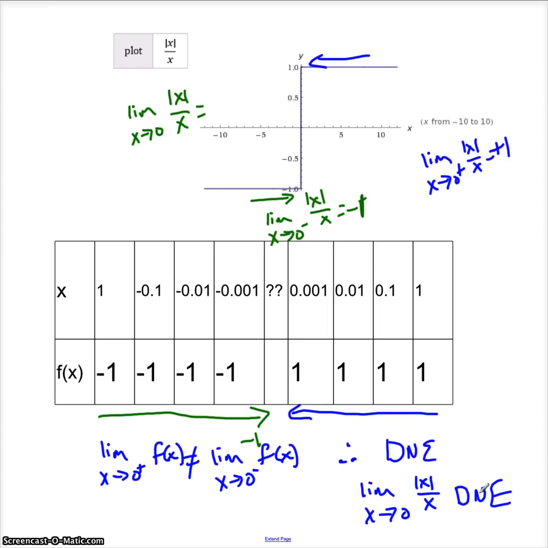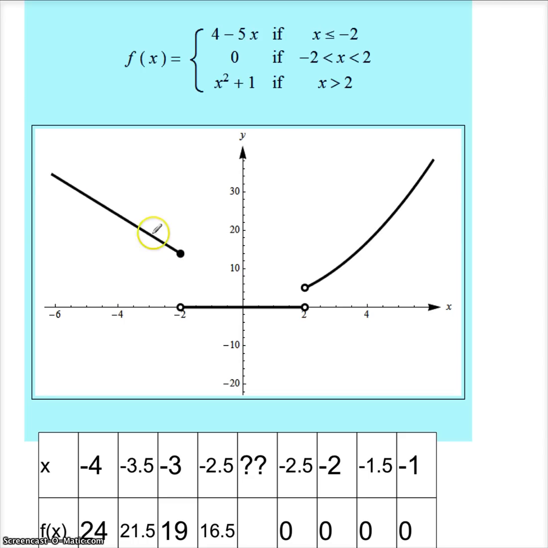Now, let's look at another case here. In this case, the function, again, is approaching one number from the left and one number from the right. Graphically, you would look at this, you would do that diagram, and you would say the limit as x approaches negative 2 of f of x.